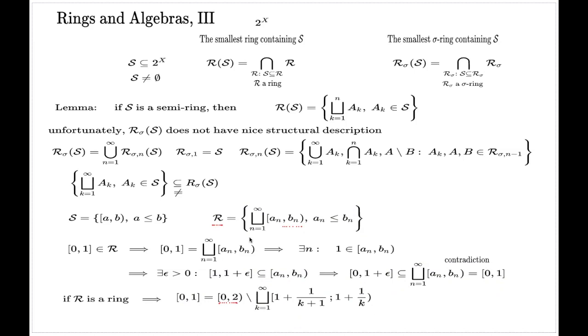This half-open interval is also a member of this ring, so the set difference, if it is a ring, also belongs to R. So altogether we conclude that [0, 1] must be inside this collection R, but we just saw it cannot be so, which means that this assumption is wrong. This particular R is not a ring. This is a good example of how to show that a given collection is not a ring. And that's not a trivial example.